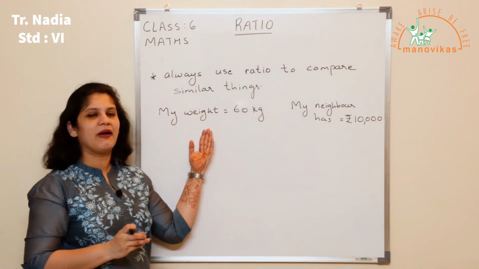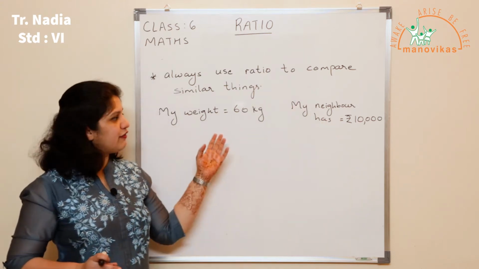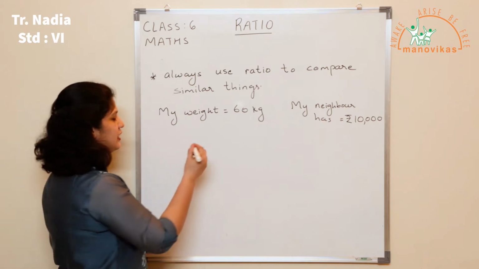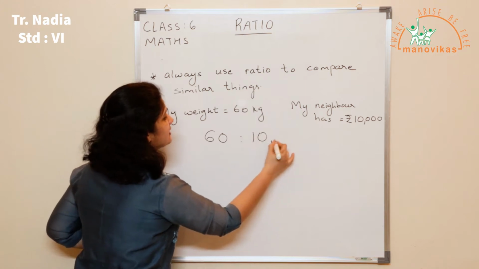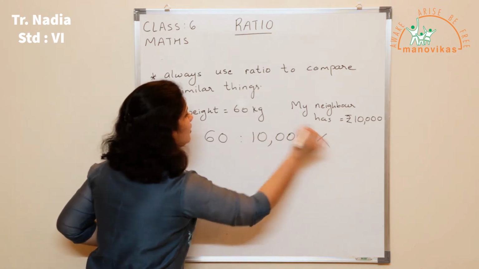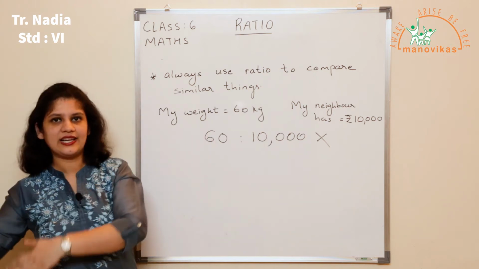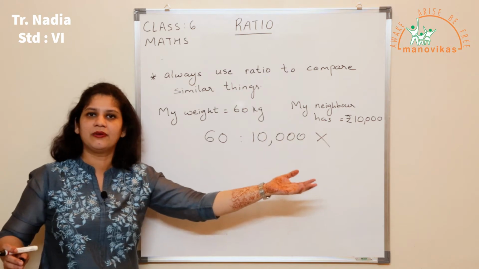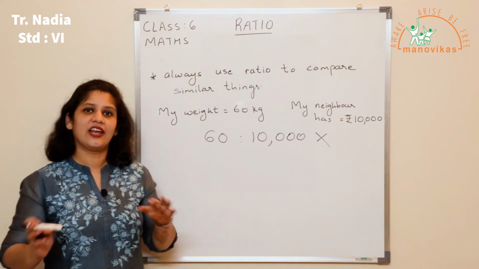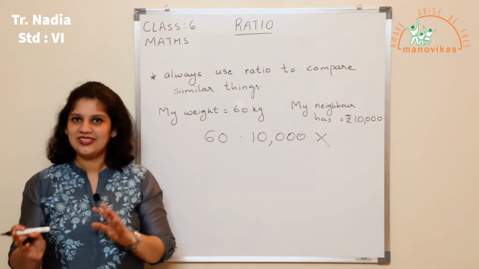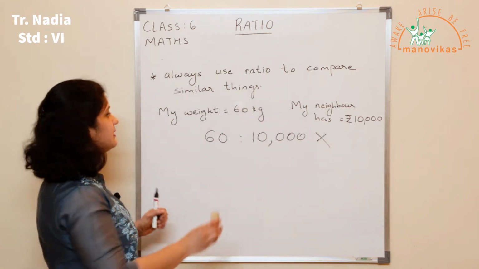One side I am talking about my weight, on the other side I am talking about the money that my neighbor has. For such things I cannot make use of ratio. If I say the ratio of my weight to my friend's money is 60 is to 10,000, I cannot express this as a ratio because they are two different things. So always, ratio is used to compare similar things. This is an important rule when you express things in a ratio.